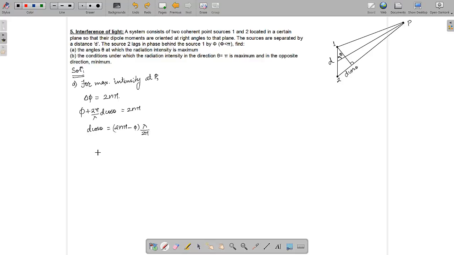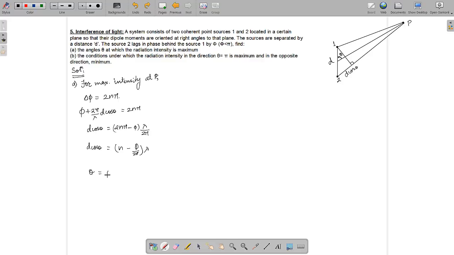If we divide this whole equation by 2 pi, we get d cos theta equal to (n minus phi by 2 pi) into lambda. So this is the condition, and from here we can find theta.